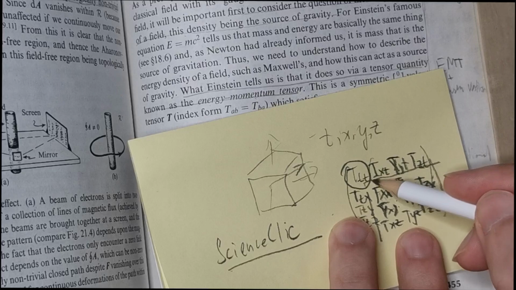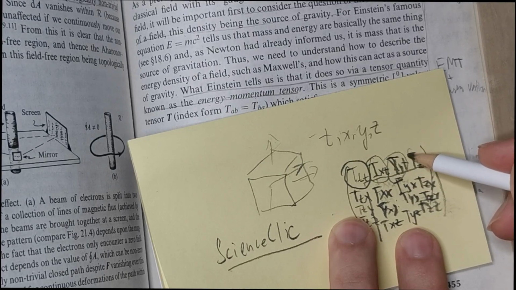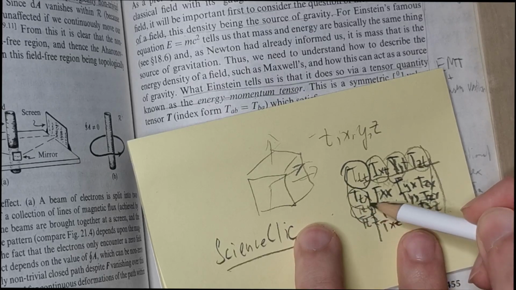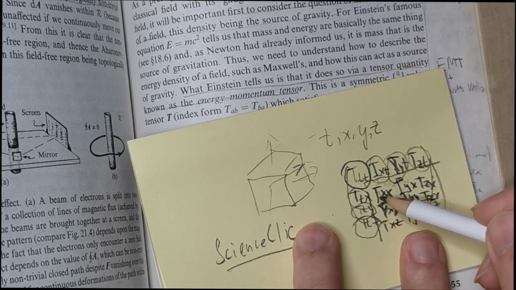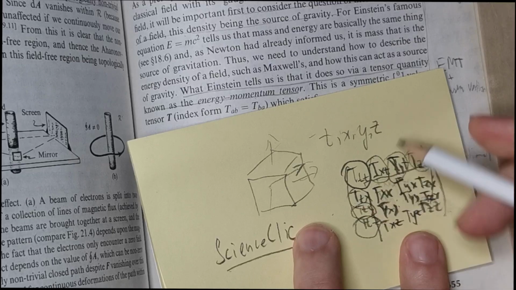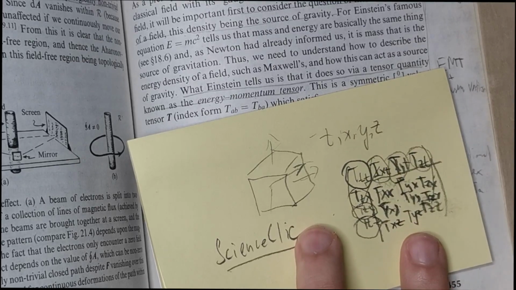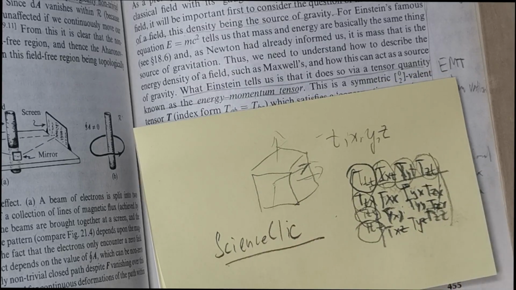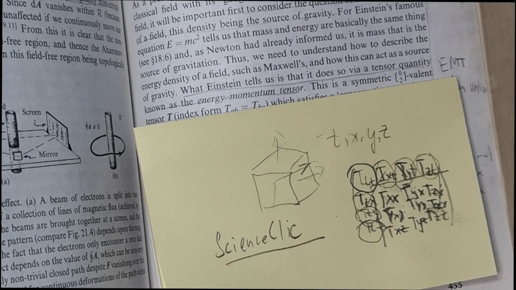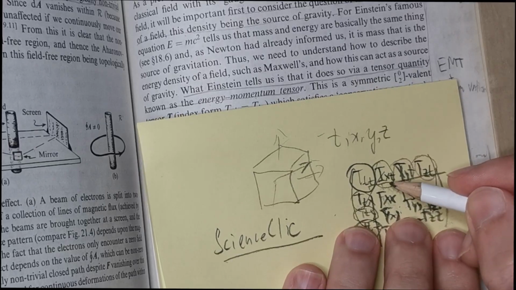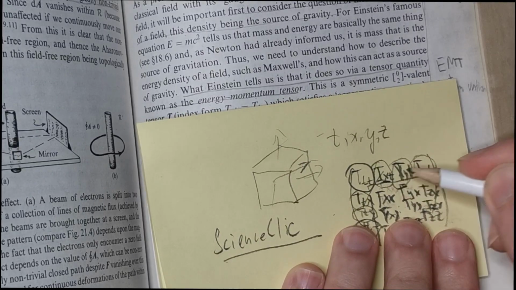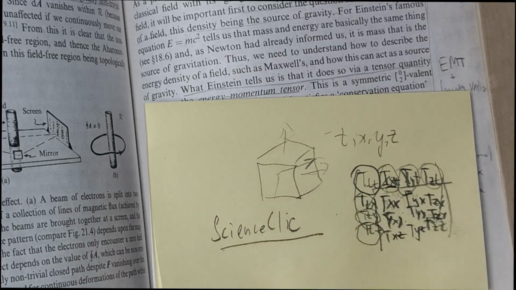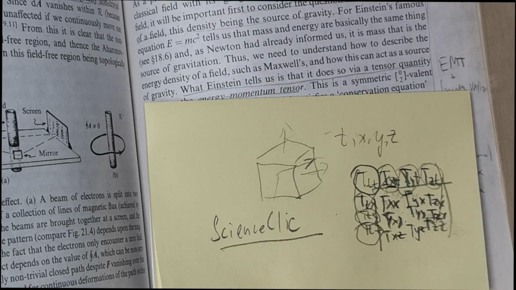And those three quantities, and similar symmetrical ones, T_tx and T_xt here, are basically momentum densities, and they describe how the x component of the energy flow changes with time.